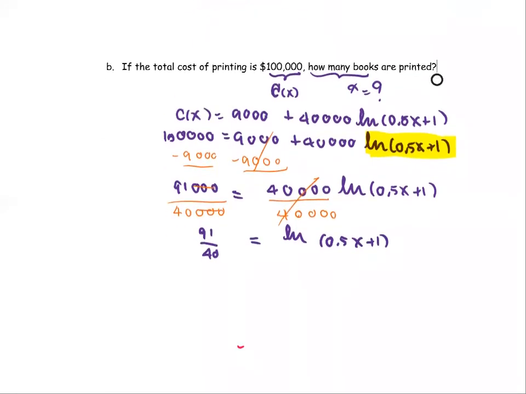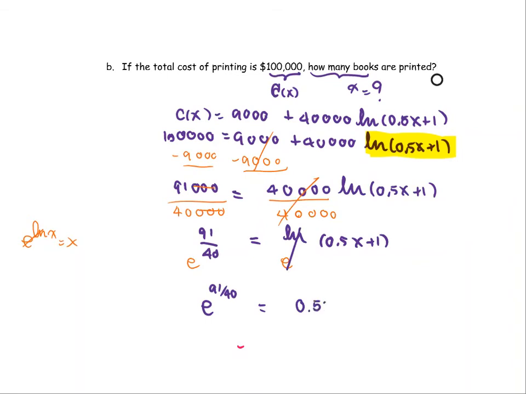Next step, we are going to solve the log equation. To solve the log equation, we're going to use the property that e to the power of the natural log of x equals x as the cancellation law. To do this, we're going to raise both sides of the equation as the power of e. So the left-hand side is e to the power 91 divided by 40, while on the right-hand side the exponential and the log cancel each other.